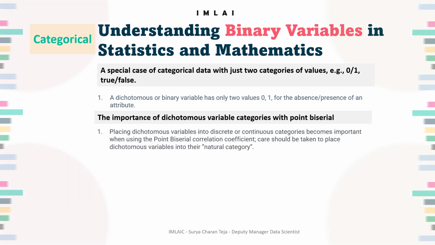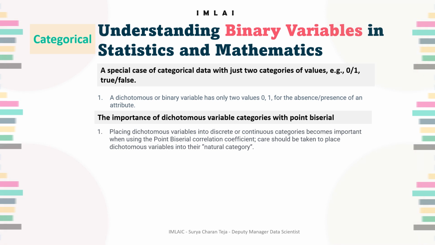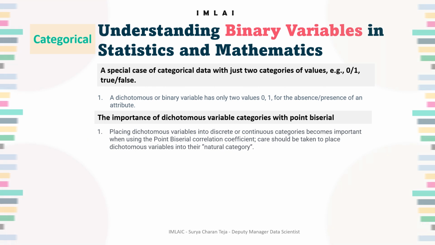For example, Republican or Democrat are naturally discrete. Trying to place them into a continuous category based on the assumption that many people are not 100% for either party can interfere with correlation. So this is the importance of dichotomous variable categories with the point biserial.